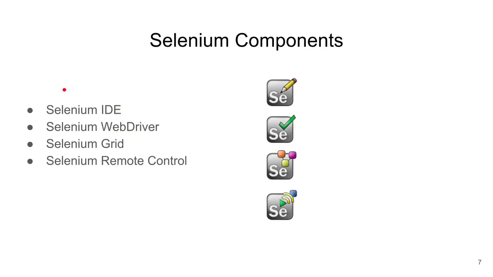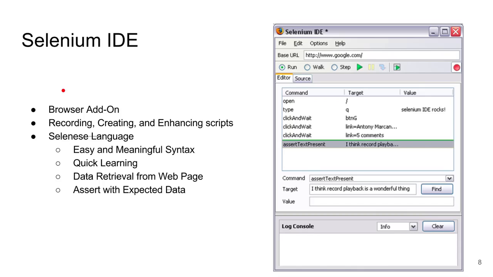Selenium IDE is a tool which is a Firefox plugin. Whatever action you perform on the browser, if you have the Selenium IDE open and the recording button on, it will imitate and record everything.